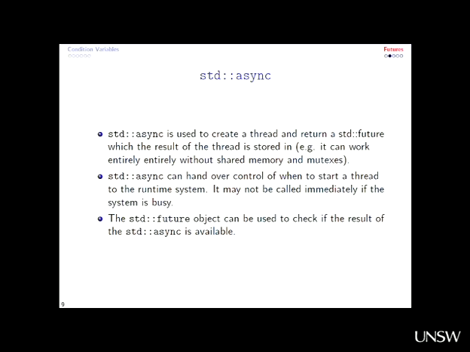Now remember that standard async is returning this standard futures object, and the standard futures object, like I said, stores the result, okay? But as wrapped in this object, okay? So the standard futures object that gets returned, not for a result, the result gets into that, but for the standard futures object that gets returned, can be used to check if the result of that calculation that should be there is available or not.